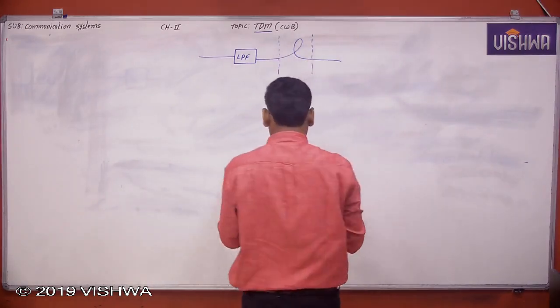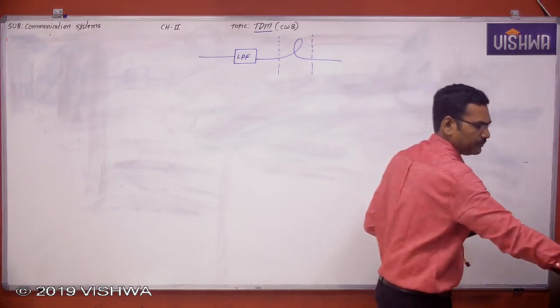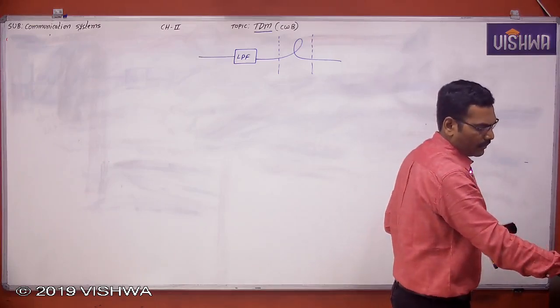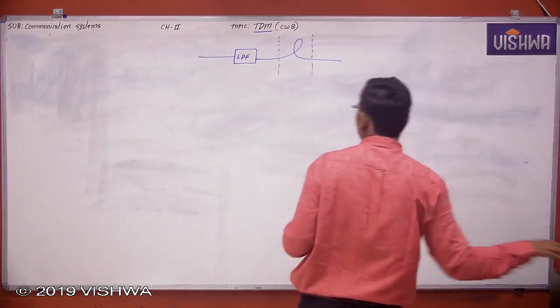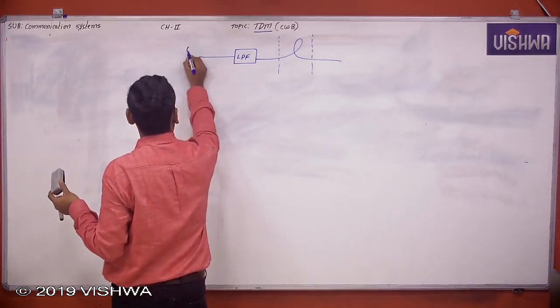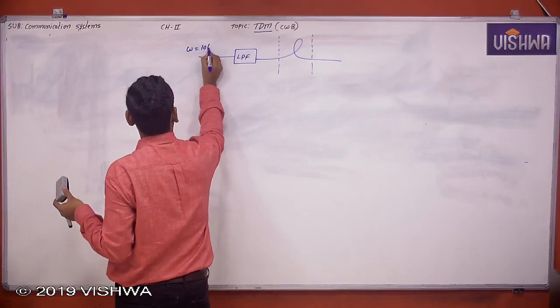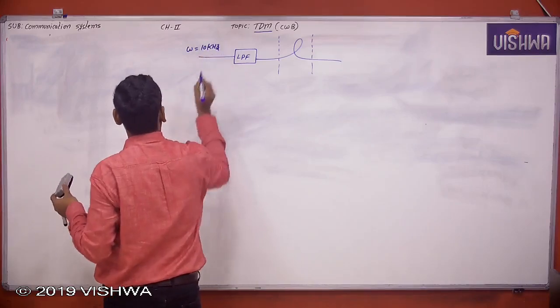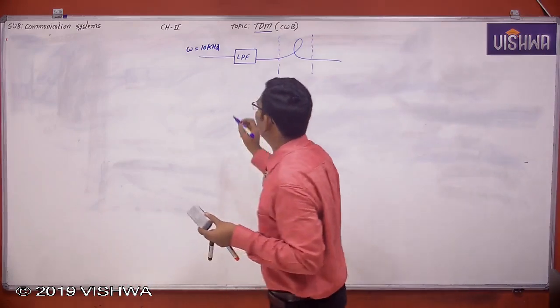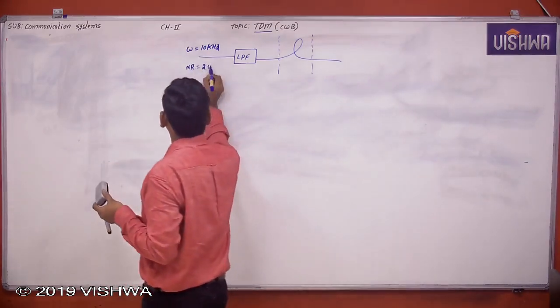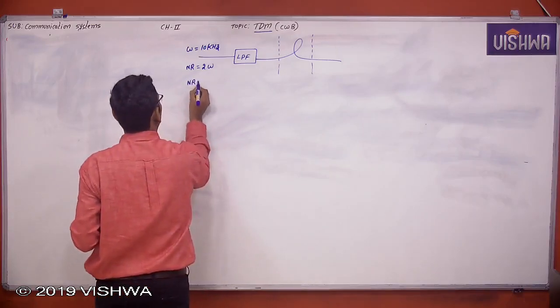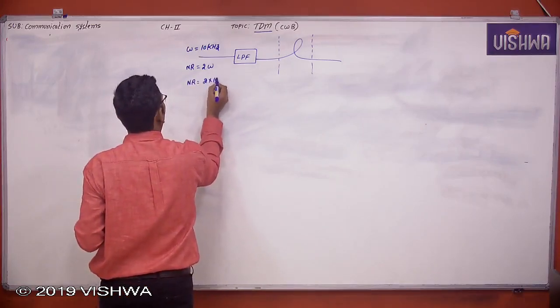Let us see an example. A signal band limited to 10 kilohertz and sampled at Nyquist rate. What is the meaning of that? The Nyquist rate is 2 omega, which is equal to 2 into 10 kilo.